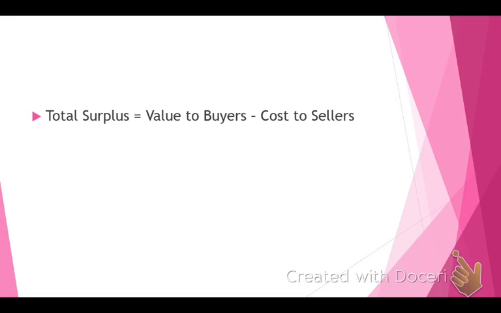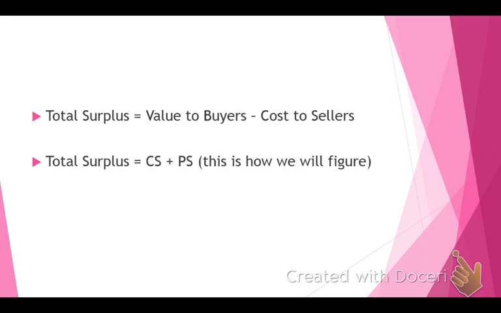Total surplus is equal to the value to buyers minus the cost to sellers. Another way to say that, and this is how we figure it mathematically, is total surplus is the consumer surplus plus the producer surplus.